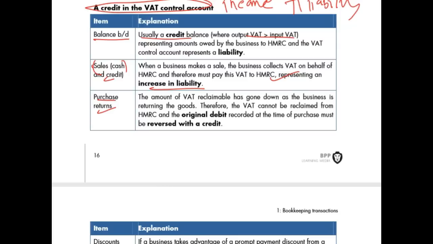Before, we reclaimed more money; now we need to reverse it. The amount of VAT reclaimable has gone down, isn't it? As the business is returning the goods, the VAT cannot be reclaimed from the purchases we made because of the return. The original debit recorded at the time of purchase must be reversed now. So VAT liability is going up.